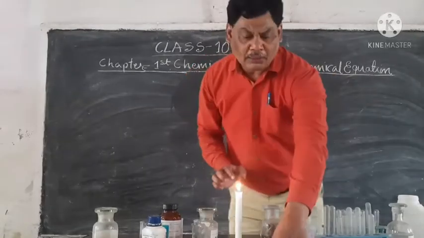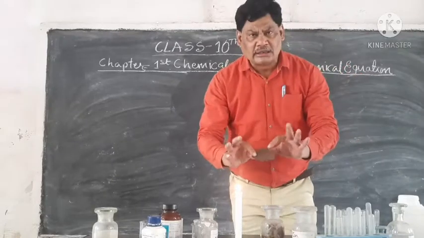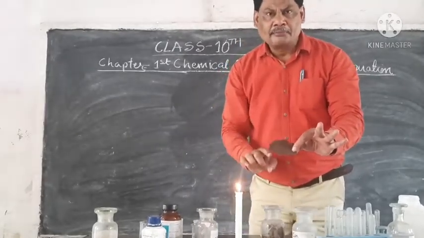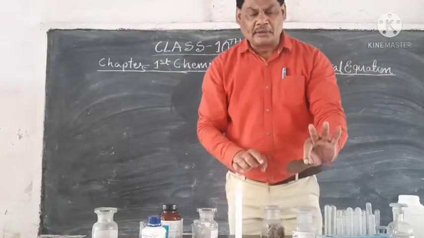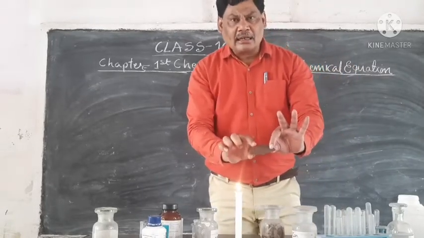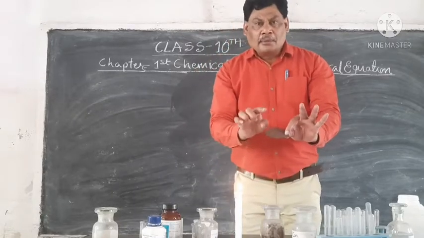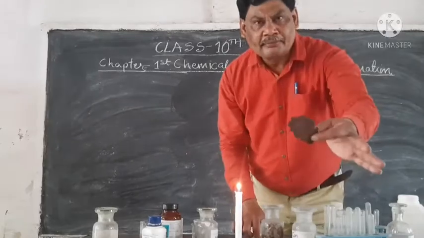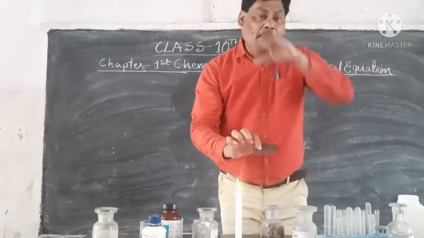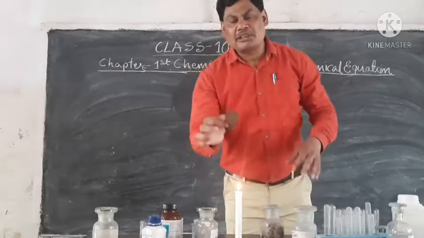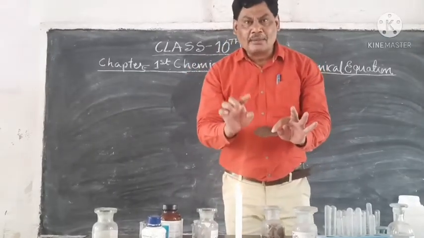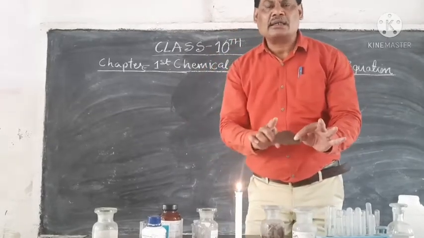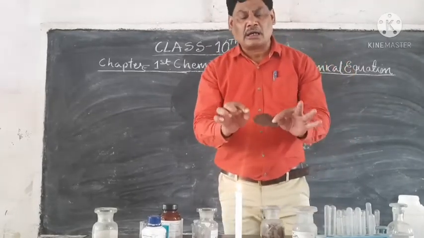Students, you know one more activity which takes place around us in daily life. Earlier it was an iron article, but when we kept it open, the iron article which was earlier black brown in color is now converted into red brown color. This is due to the formation of rust. The formation of rust shows a chemical reaction takes place between iron, atmospheric oxygen and water in the presence of carbon dioxide.